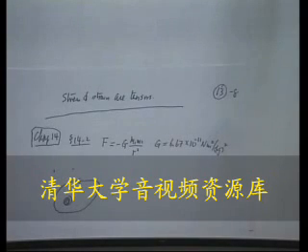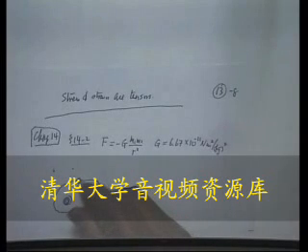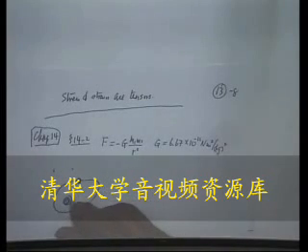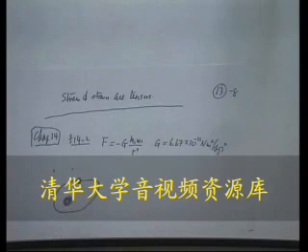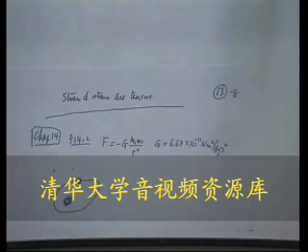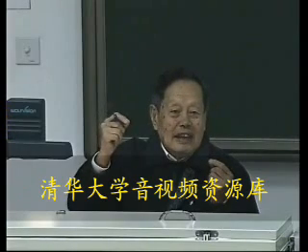But Newton realized that the Earth is not a point, it's a small sphere. The sun is not a point, it's a big sphere. And if he proposes the gravitational force, it's the gravitational force between every part of the sun and every part of the Earth.